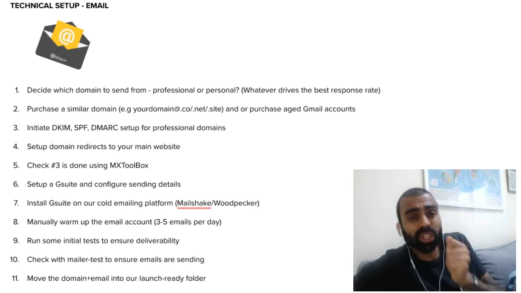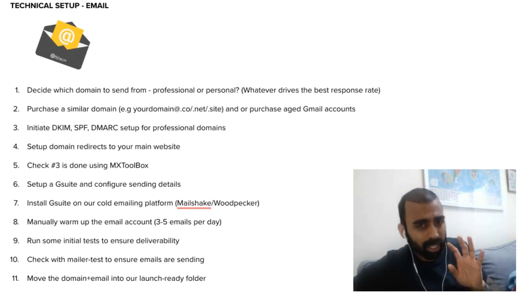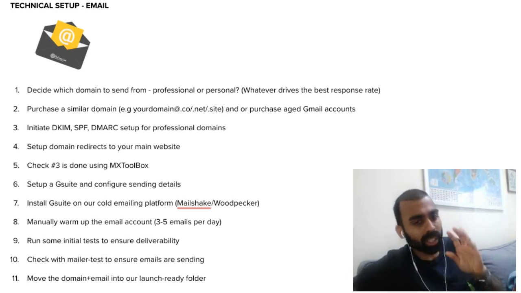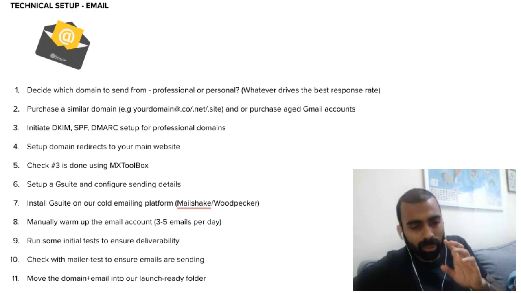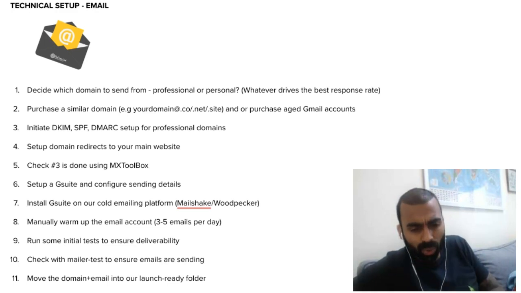Now, with new G Suite accounts, for the first few weeks, some of them will automatically be in spam filters with Sorbs, because they start from perhaps a lower level of trust. So we'll work to warm up the account to get over all of these issues. Once we've done that, we'll run some initial tests, or further tests if you like, because we're always testing to ensure deliverability.